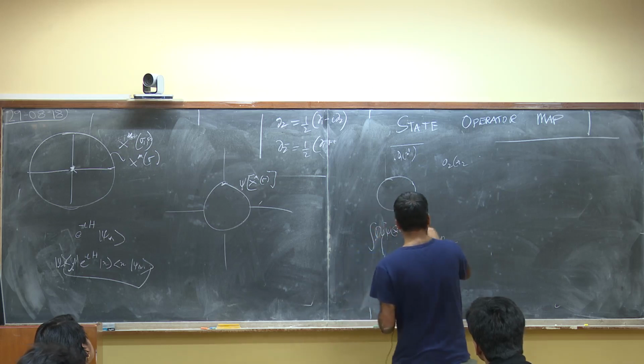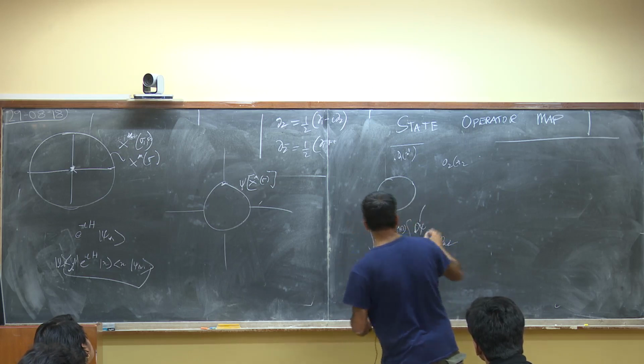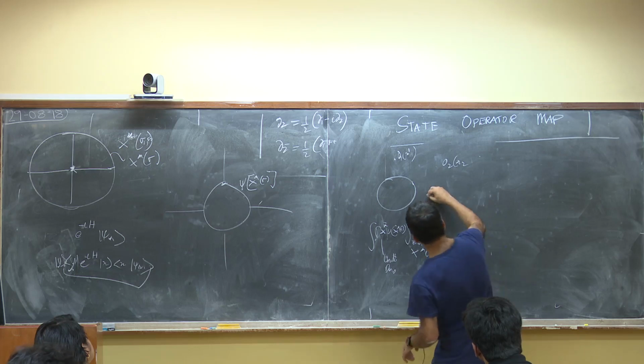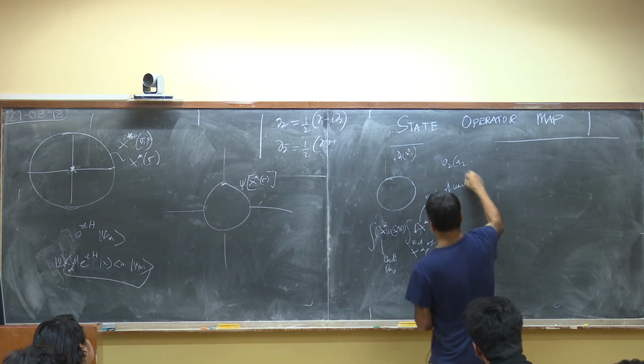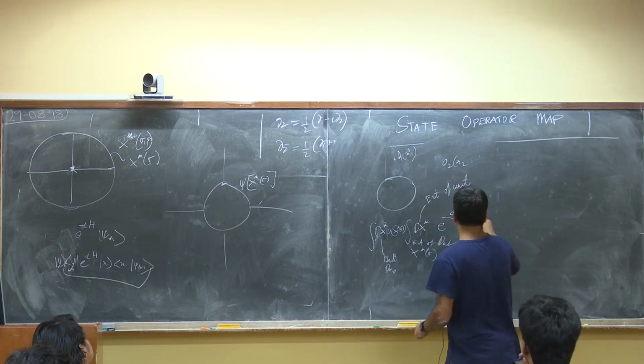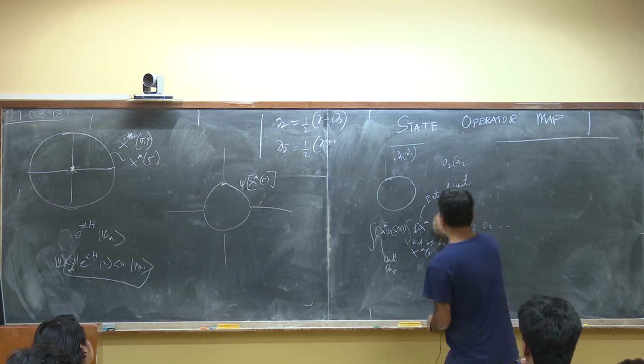So this is d x mu, over the exterior of the unit disk, and then e to the power minus S and all the operator insertions, O1, O2.